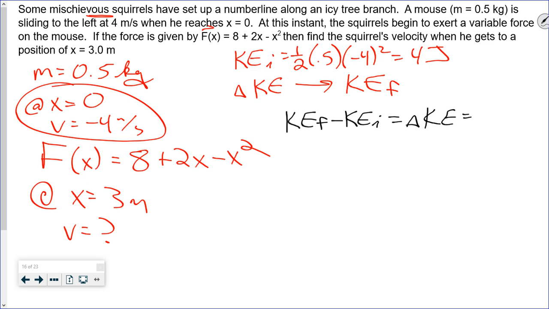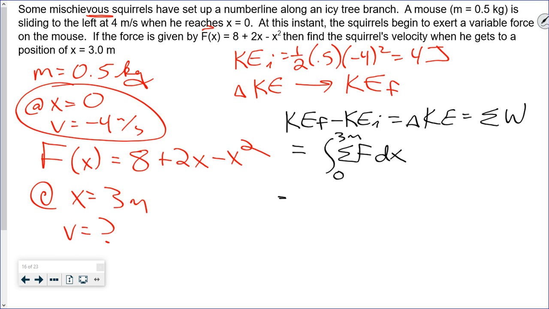That's equal to the net work being done. Net work being done is equal to the integral of the net force with respect to position. So our position is going from 0 to 3 meters, right? We want to figure out how much the energy changed between those two positions.